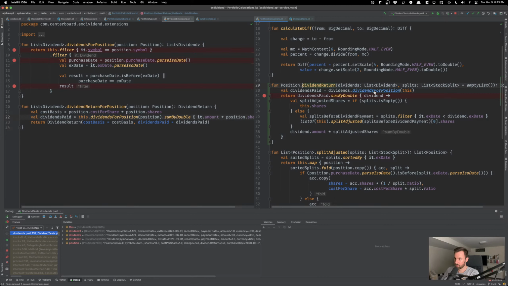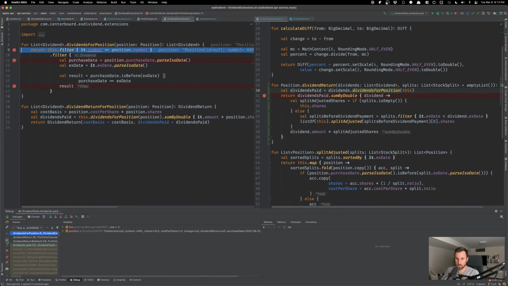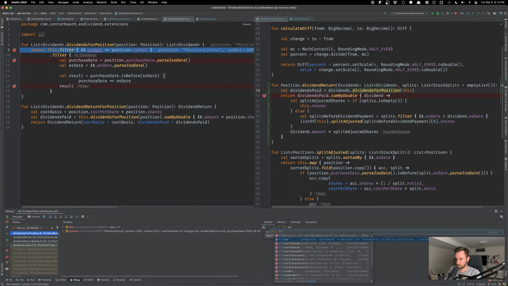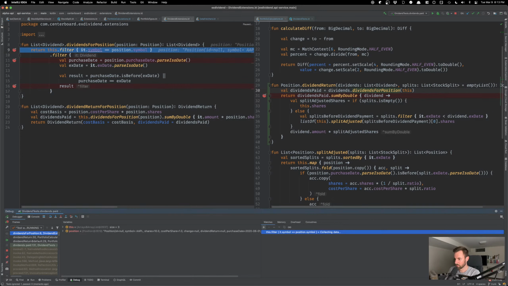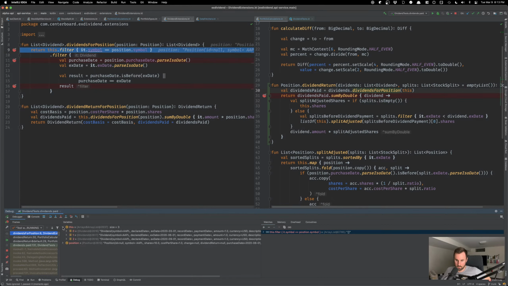Dividend return, dividends for position. What the heck? Am I crazy? It dot symbol. Position dot symbol. Empty. AAPL. What?